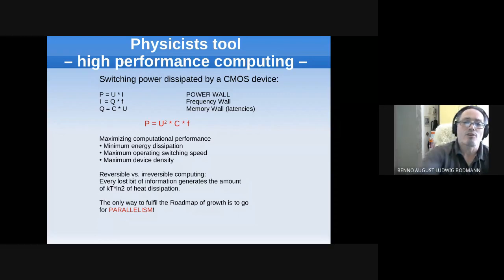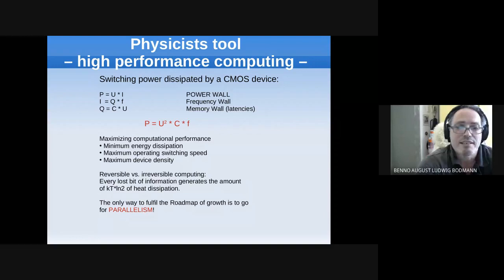Now, also, the frequency goes in the same direction. You cannot increase the frequency way too much, because you also add more heat to the chip. So the only thing to increase the performance is to increase the density of the device.